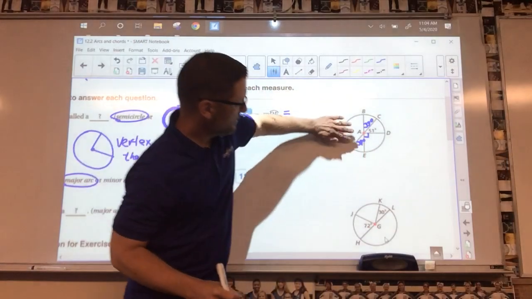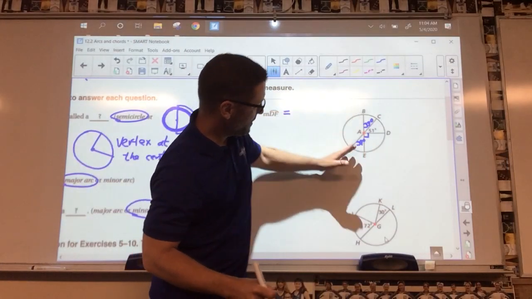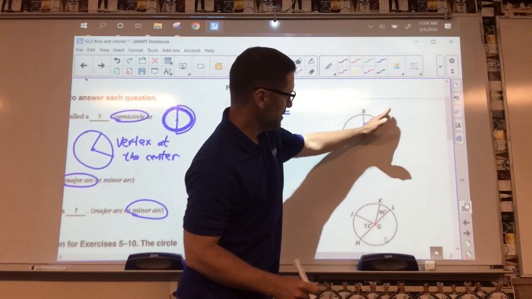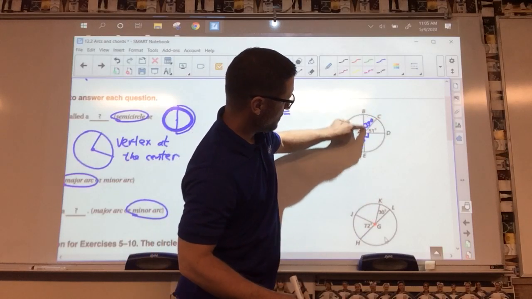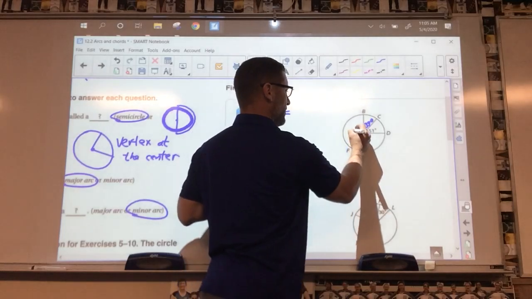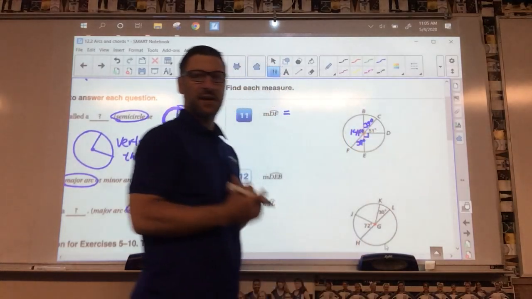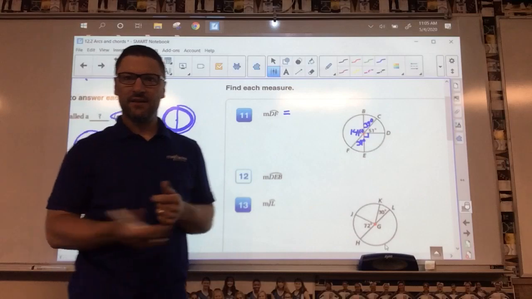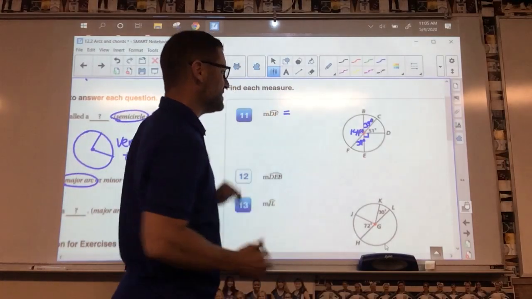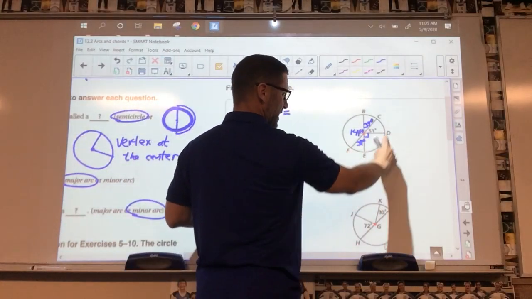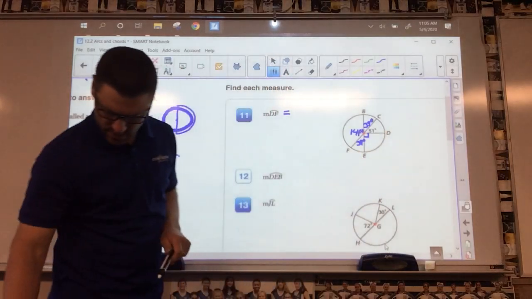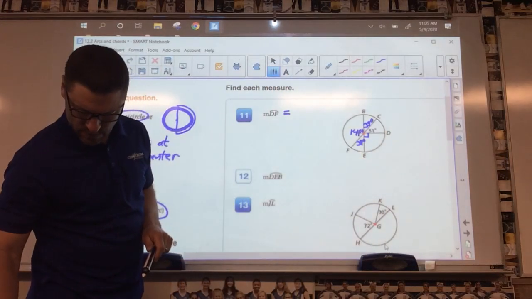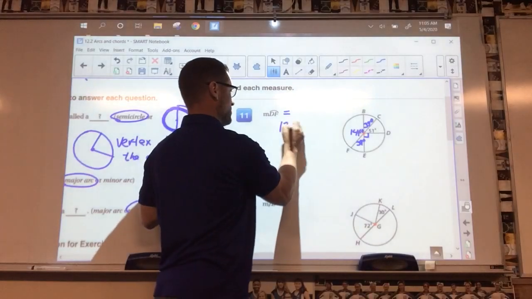And then I could find this slice right here because I have a straight line, and that's already 39, so this would be 141 degrees. So my first step would probably be to write all that in if I was doing a problem like this. Now I want D to F. Well, that's 90 plus 39, and that's 129 degrees.